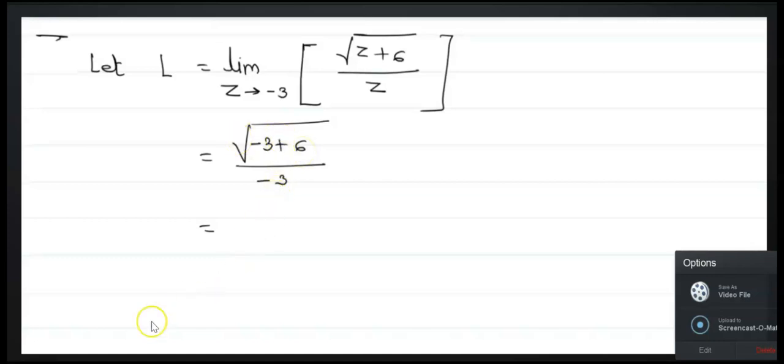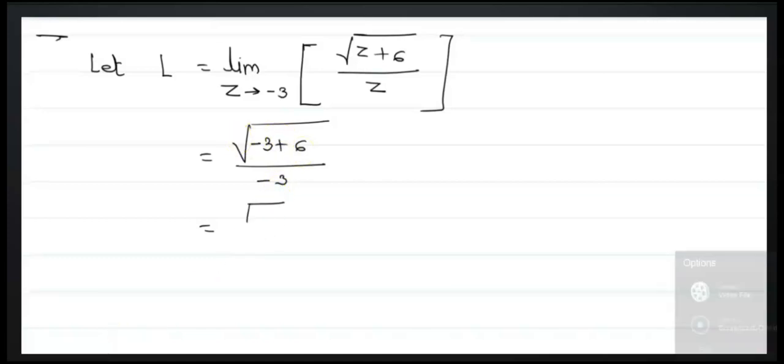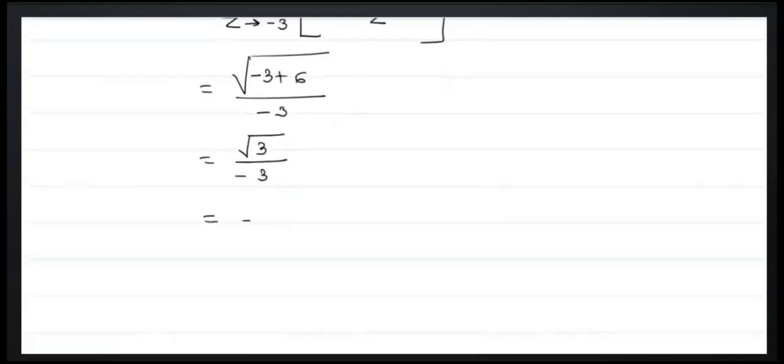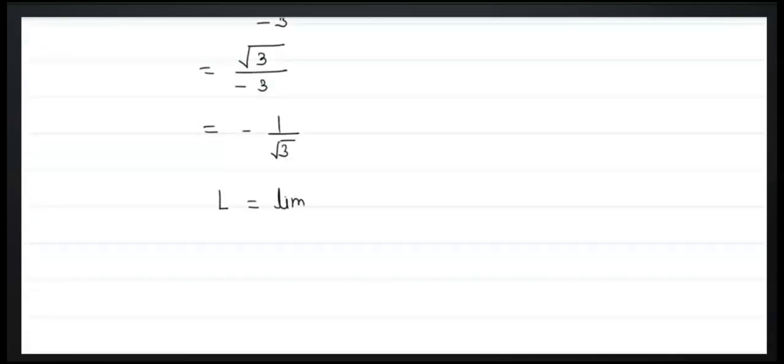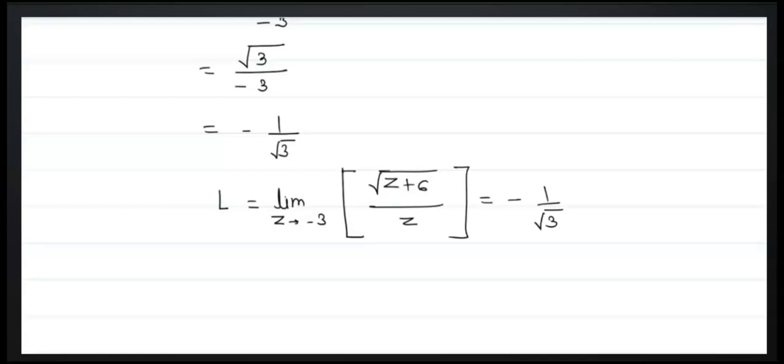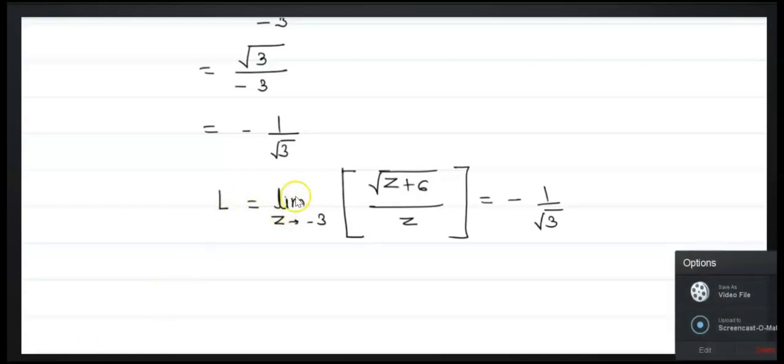That is, root of 3 upon minus 3, and this equals minus 1 upon root 3. Therefore, L equals the limit of root of (z plus 6) upon z, where z tends to minus 3, which equals minus 1 upon root 3.